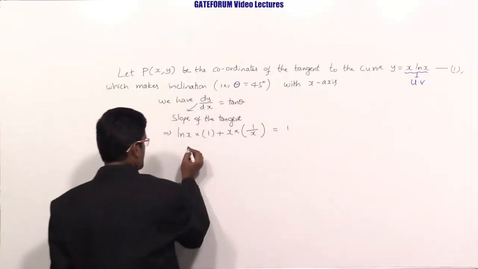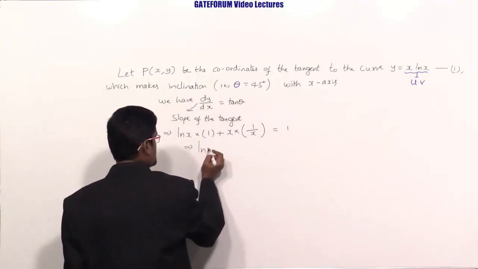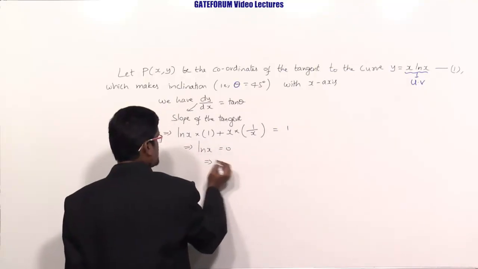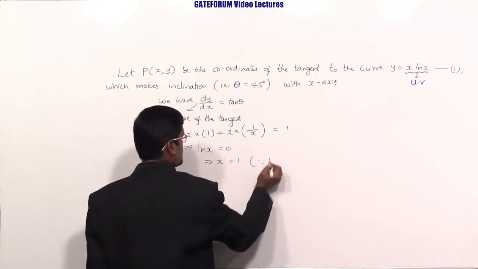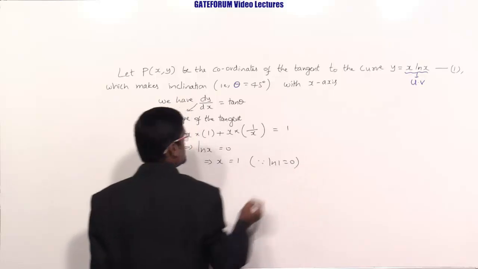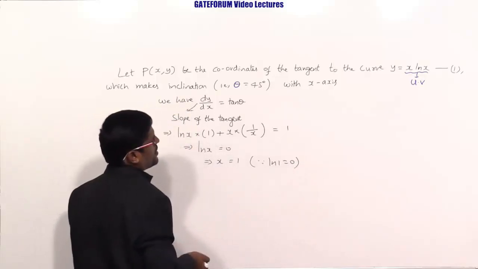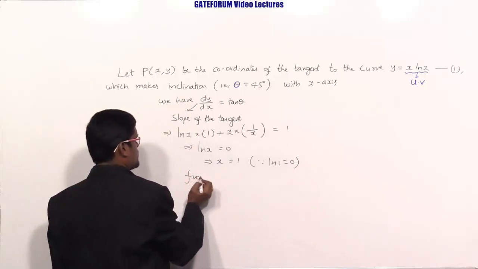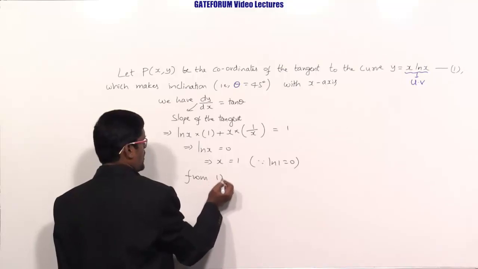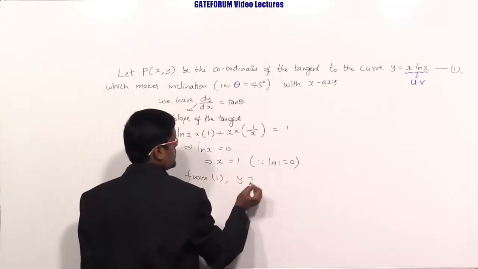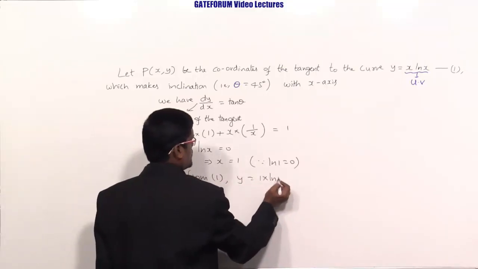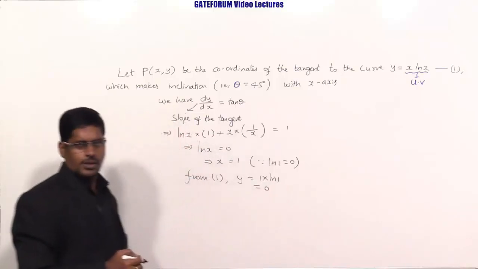So from this log x is equal to 0, which implies x is equal to 1, since log 1 value is 0. When x is equal to 1, how do you find the y value? In the equation of the curve, substitute this x value. From 1, y is equal to 1 into log 1, so that is 0.